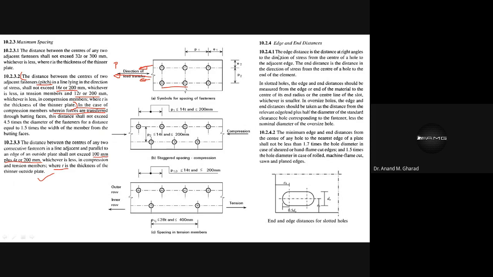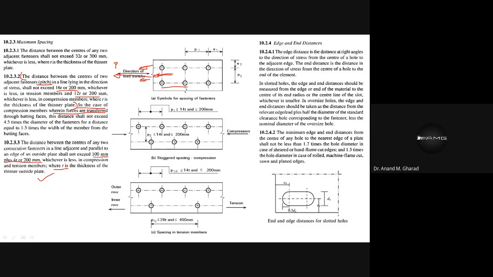But as per IS code, the edge distance is the distance at right angles to the direction of the stress from the center of the hole to the adjacent edge. That is, if this is the direction of the stress, the edge distance is the distance at right angles to the direction of stress from the center of the hole to the adjacent edge.